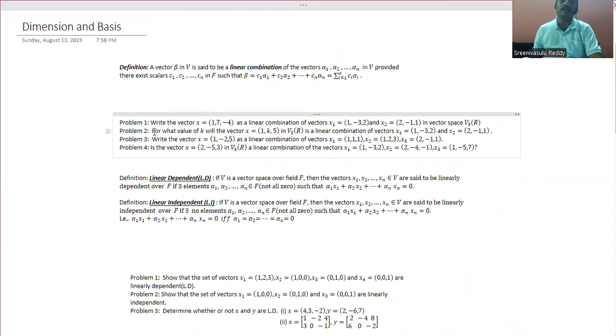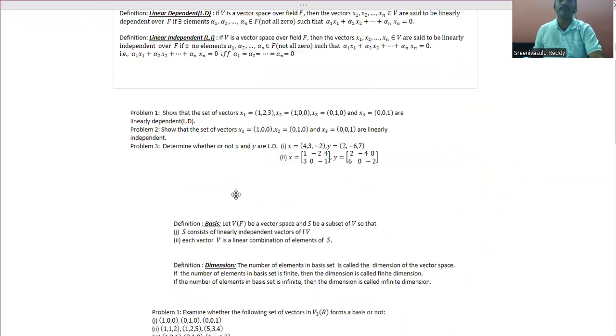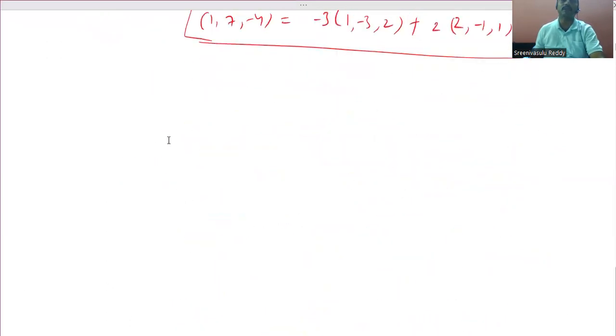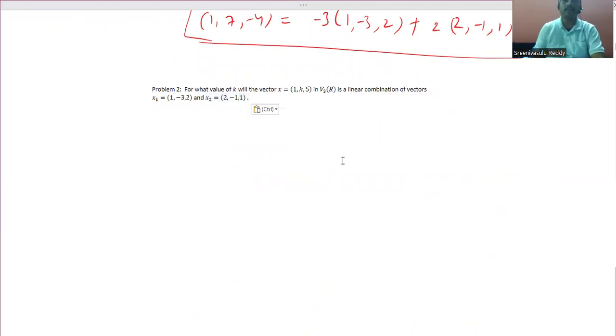Second problem. For what value of k is the vector a linear combination of the other vectors? Next problem. So, same procedure.